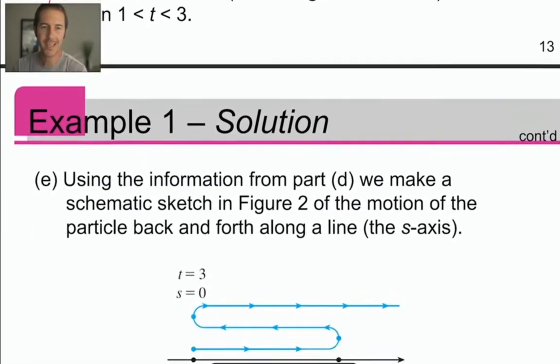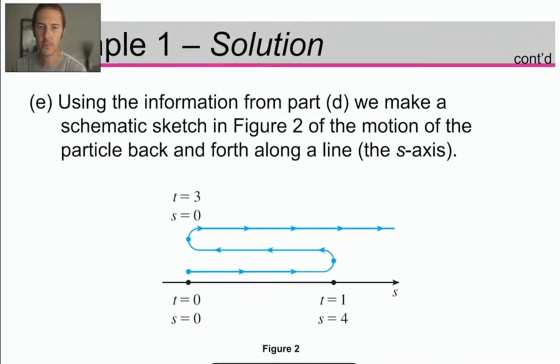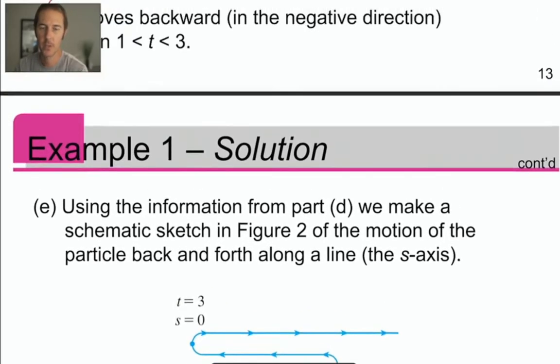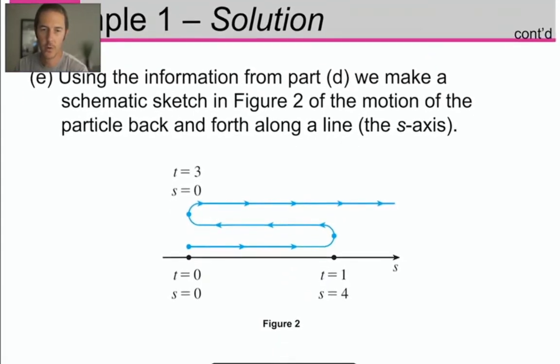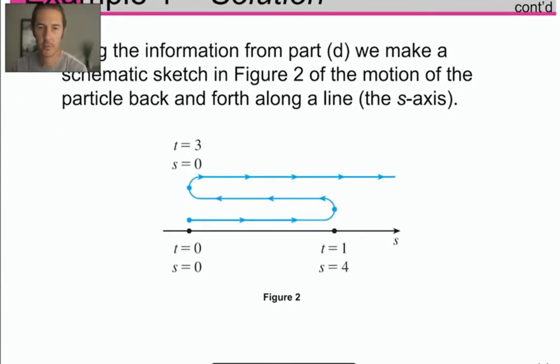All right, part E. Use the information from part D. We can make a sketch of the motion of the particle back and forth along the line. Now, if we assume, sorry, I'm moving these slides all over the place.